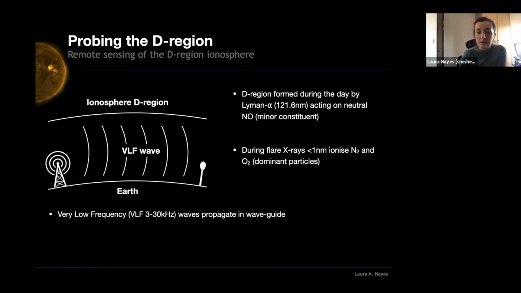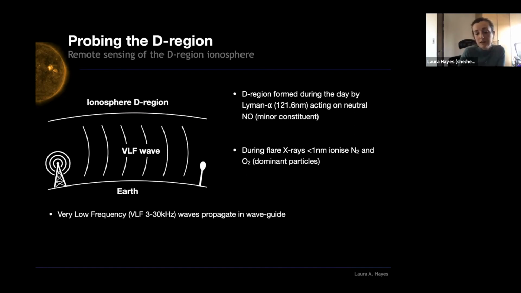So we really need ways to remotely sense the D region. And this can be done through observations of the propagation of very low frequency radio waves that propagate within the waveguide formed between the Earth and the ionospheric D region. Here, very low frequency actually means 3 to 30 kilohertz. At these frequencies, the D region is quite a sharp reflective boundary.